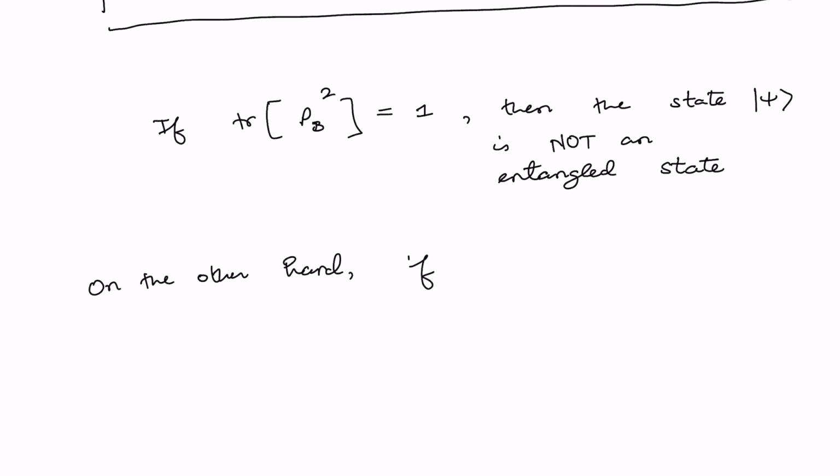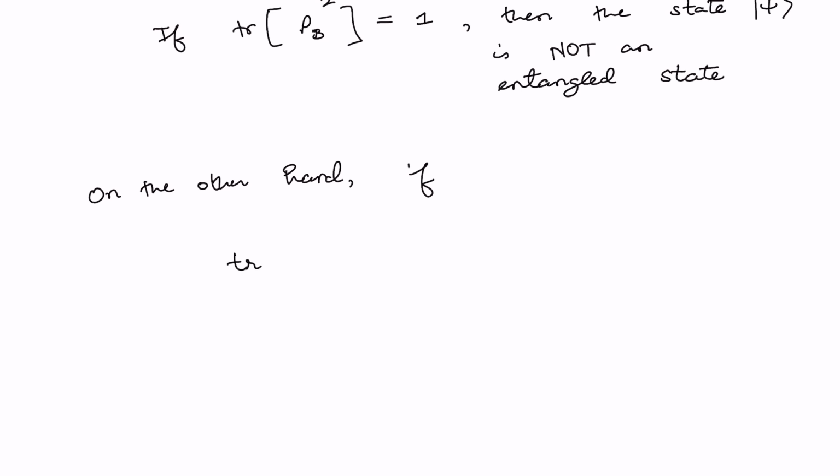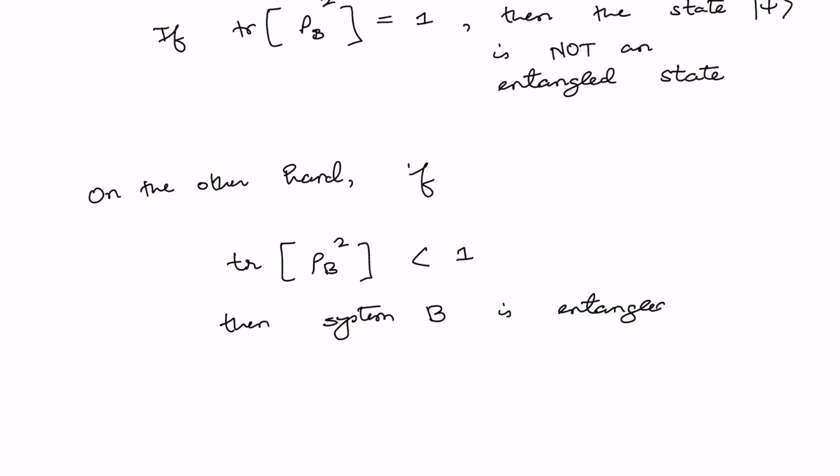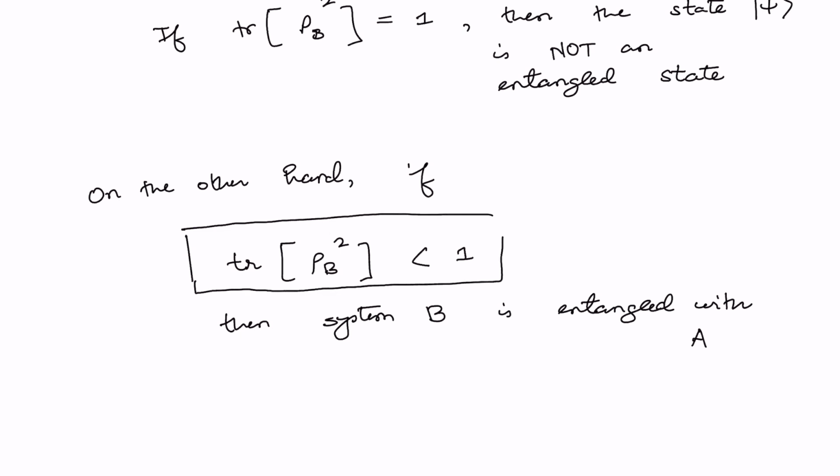if trace of rho_B squared is less than 1, then system B is entangled with system A. Okay, now as you can see, this is a very nice way to quantify, or basically to check whether two systems are entangled or not.